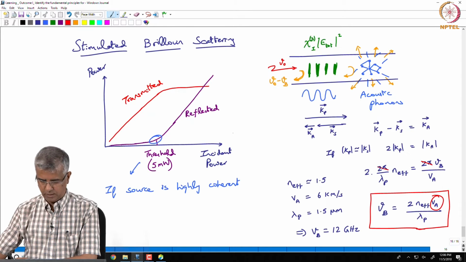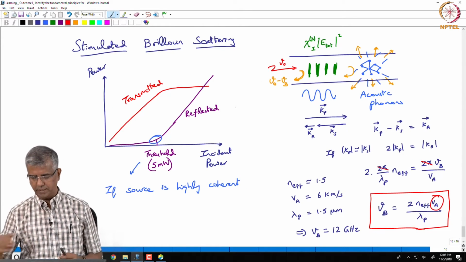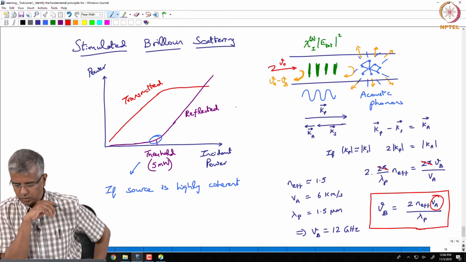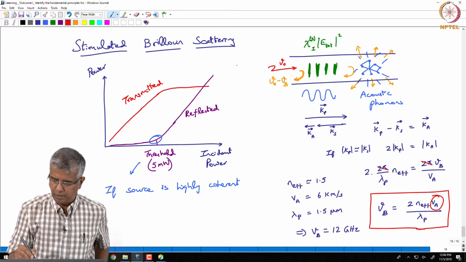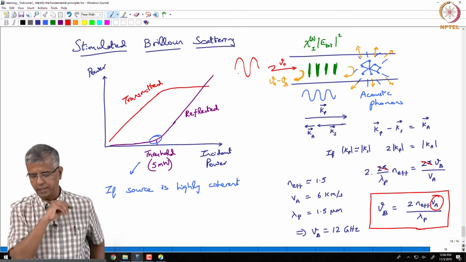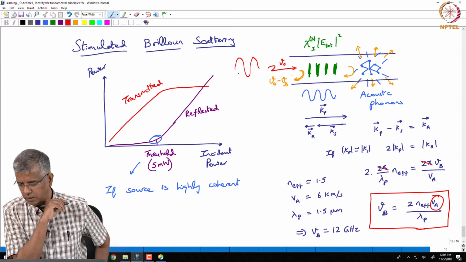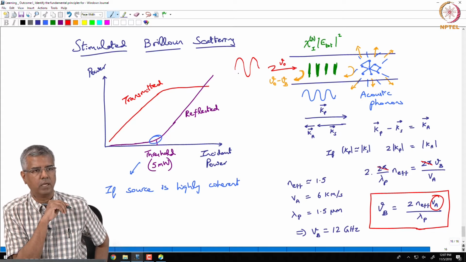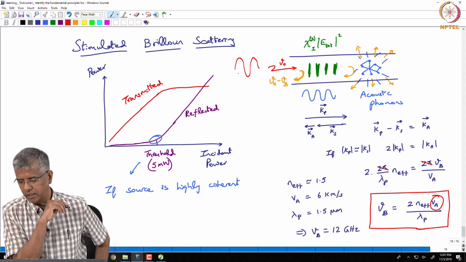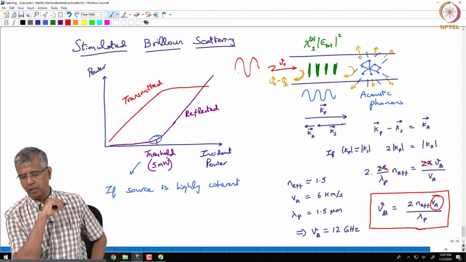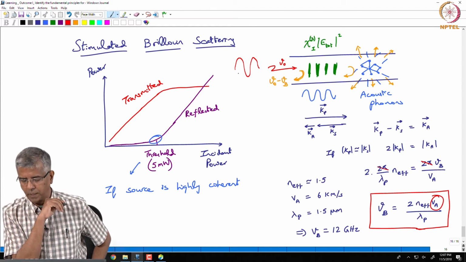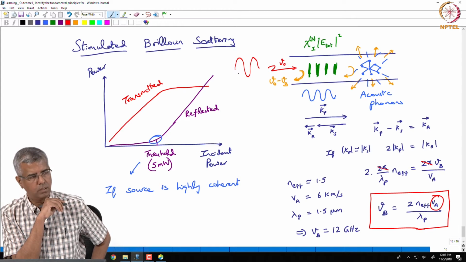So when we discussed stimulated Brillouin scattering, we talked about interaction of a light wave. Ideal case, it's a monochromatic light wave that's scattering off what are called acoustic phonons, which are nothing but acoustic vibrational modes that are present in the medium at room temperature, and because of that, part of that scattering is going towards the source.